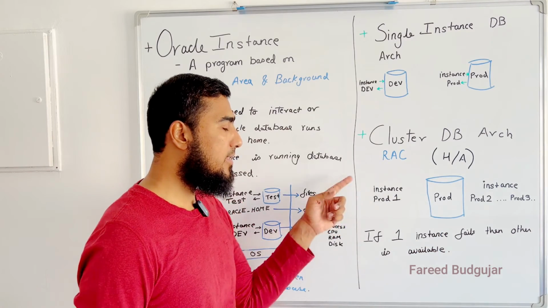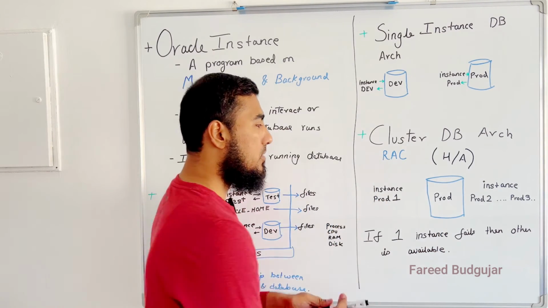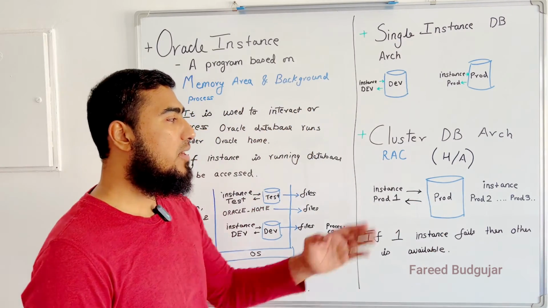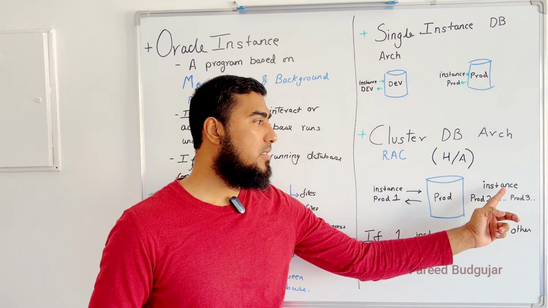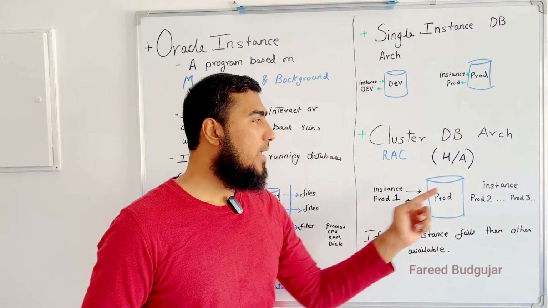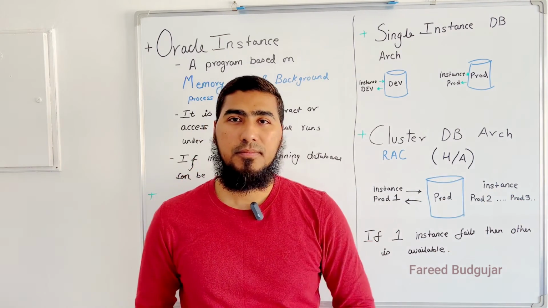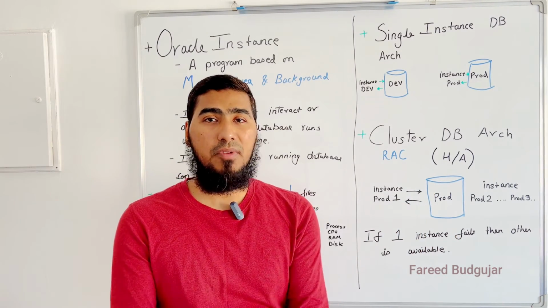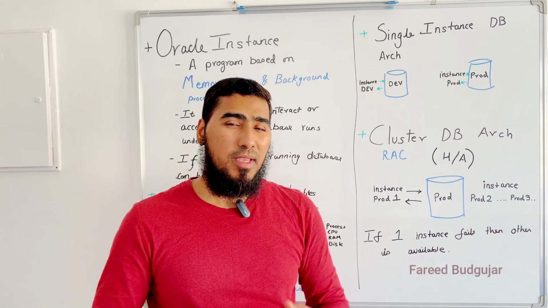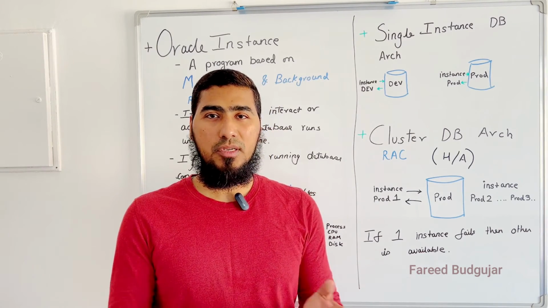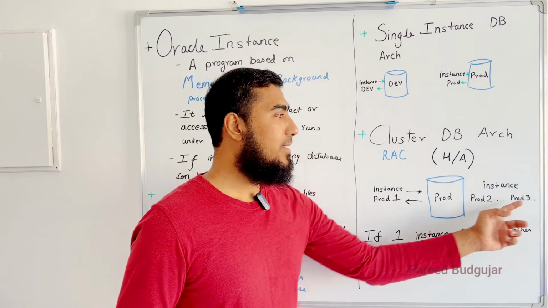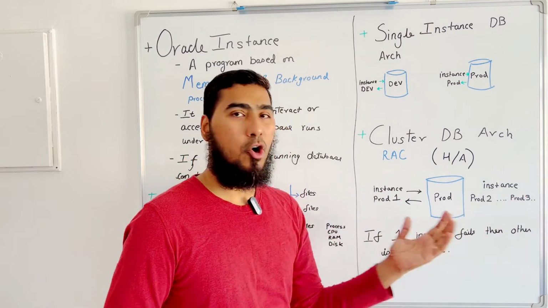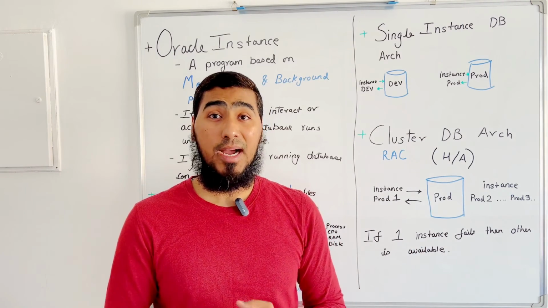Prod database has instance prod1. Here we have a cluster of instances. That means we have instances prod1, 2, 3, and so on. That means a single database can have multiple instances. In that way, if one instance is down, we can still access the database and use it as normal with the other available instances. And once it is up again, it will join the cluster automatically. This is how high availability is achieved.